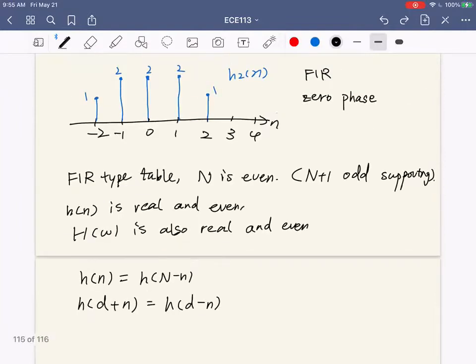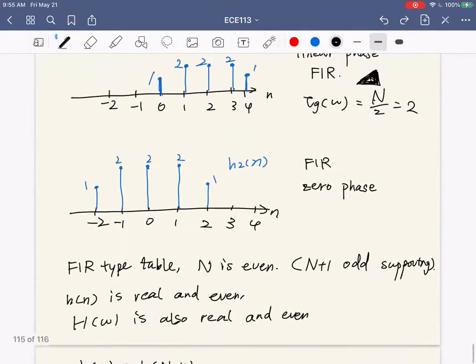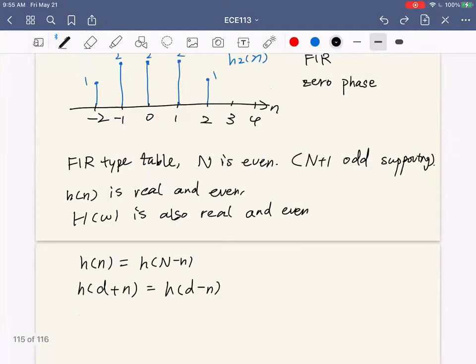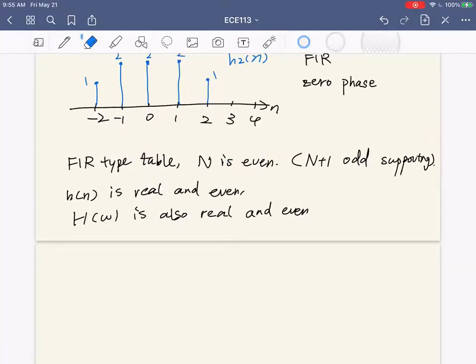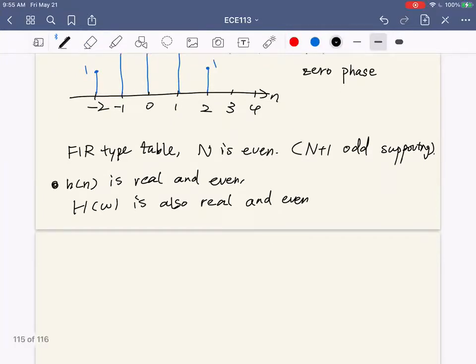It's very insightful. So it's symmetric by Hermitian symmetry? Oh, yes, that is. If h of n is real, we only know it is real, then the H of omega is Hermitian symmetric.